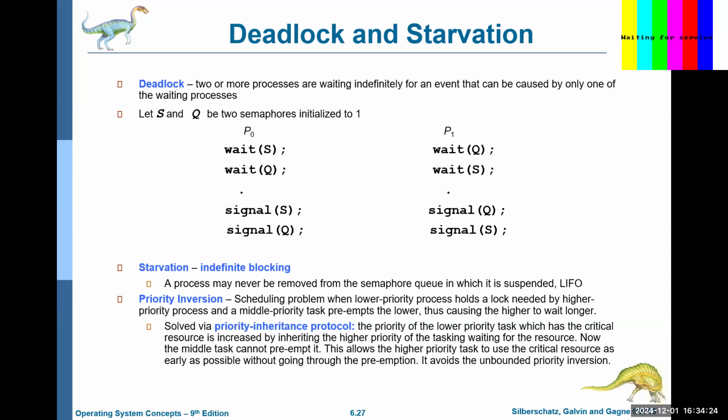If you're waiting for me, then I must be high priority, so I'd better inherit your priority. Now the middle task cannot preempt this low task because it has the higher priority. This allows the higher priority task to use the critical section as early as possible without going through preemption. It avoids unbounded priority inversion.